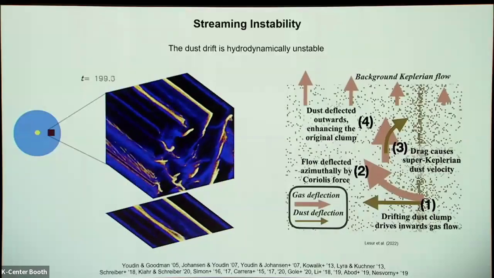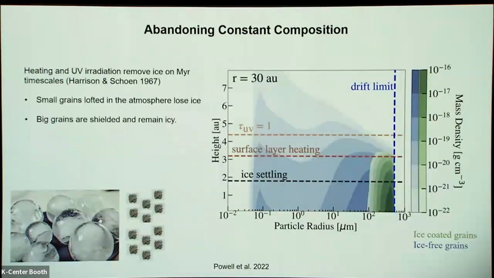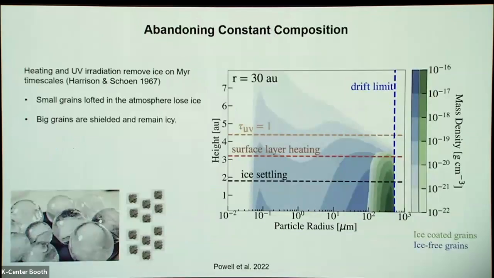The mechanism is shown here. You have a drift that is moving inwards. It will be deflected azimuthally, will capture more grains, and then it will reinforce the overdensity as it goes.